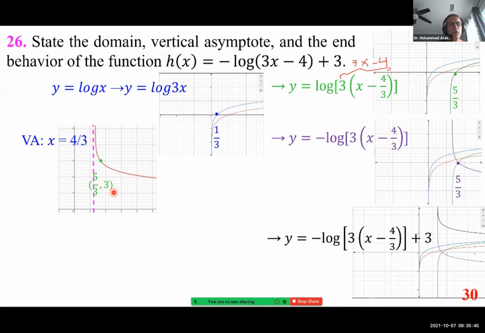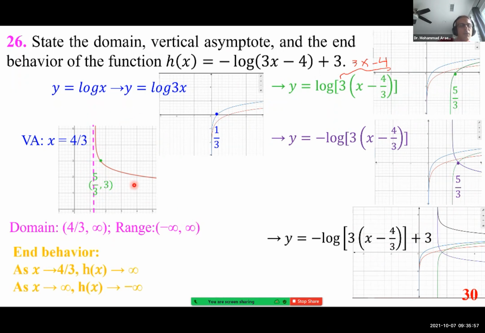Therefore, we can write the domain. We got the vertical asymptote, starts from 4/3, goes to infinity. Range, we have no restriction, negative to positive infinity. And the end behavior, as x goes to 4/3, h of x goes to infinity. As you can see, it goes up, it blows up to infinity. And as x goes to infinity this way, then h goes to negative infinity.